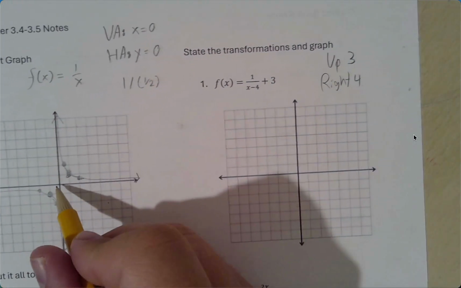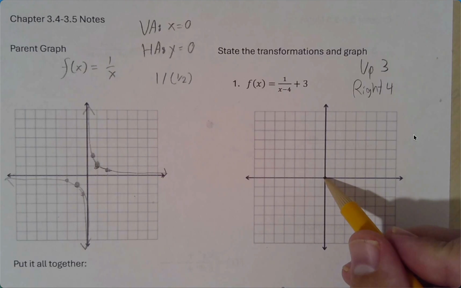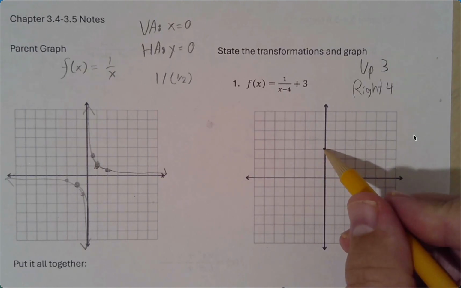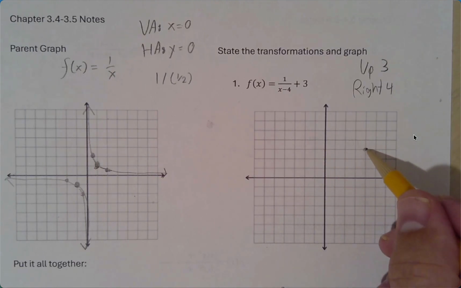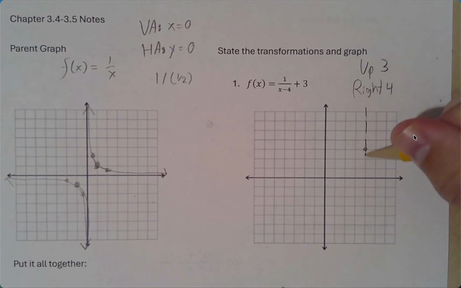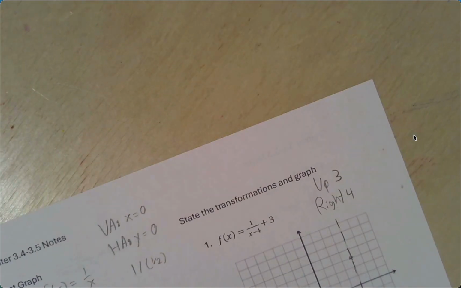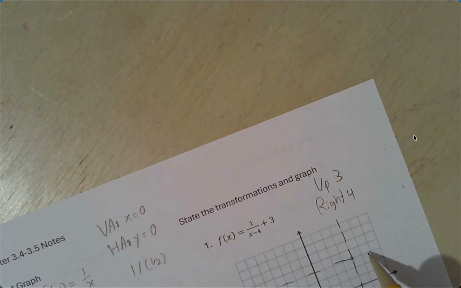And what we're essentially saying is this symmetry point, this very special point in the middle, has moved up 3 and right 4. We'll draw a little point here, and now I'm going to draw my asymptotes, because that's essentially what we are saying is happening here.